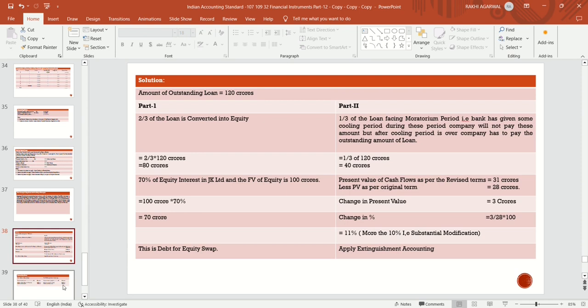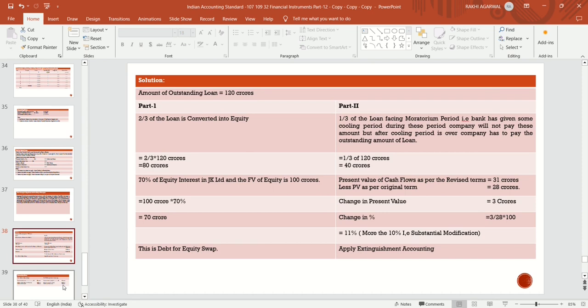Two-third of 120 crore becomes 80 crore. Out of the 80 crores, that is the 70% of equity interest in JK Limited, and the fair value of equity which is converted by JK Limited is 100 crores. So 100 crores into 70% becomes 70 crores.